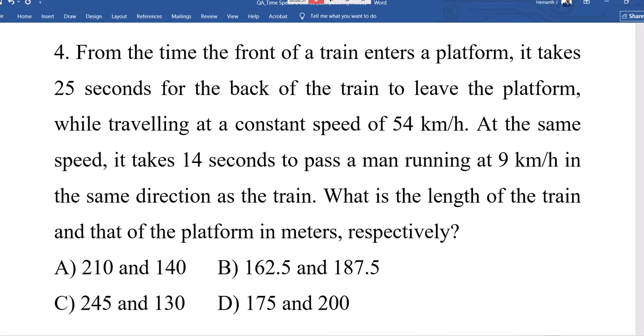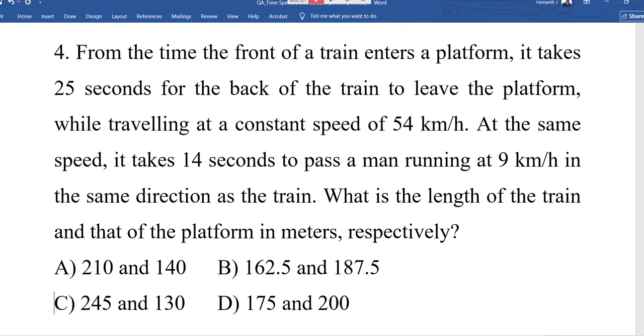When a train crosses a platform, you may have a doubt about what exactly that means. Here they clearly mention: from the time the front of the train crosses, it takes 25 seconds for the back of the train to leave the platform. They could simply write that the time taken by the train to cross the platform is 25 seconds, but they give it in detail.